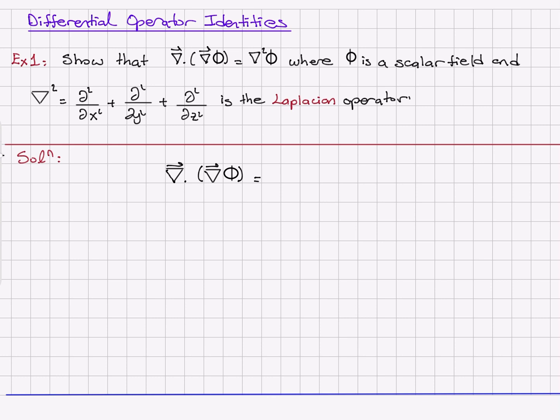So the first one is the del operator, partial derivative with respect to xi in the ei hat direction, dot product with partial derivative with respect to xj in the ej hat direction, acting on our scalar field phi.